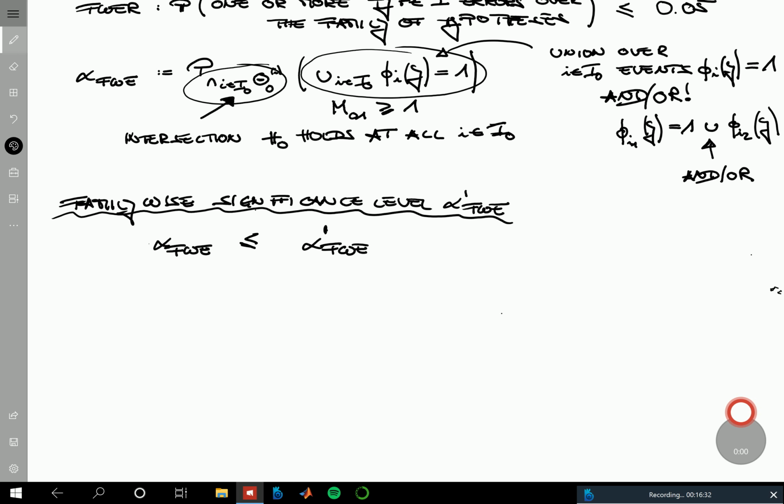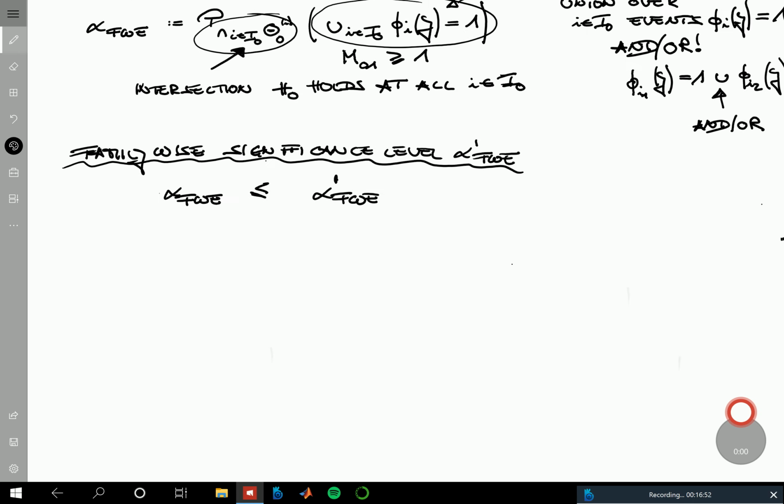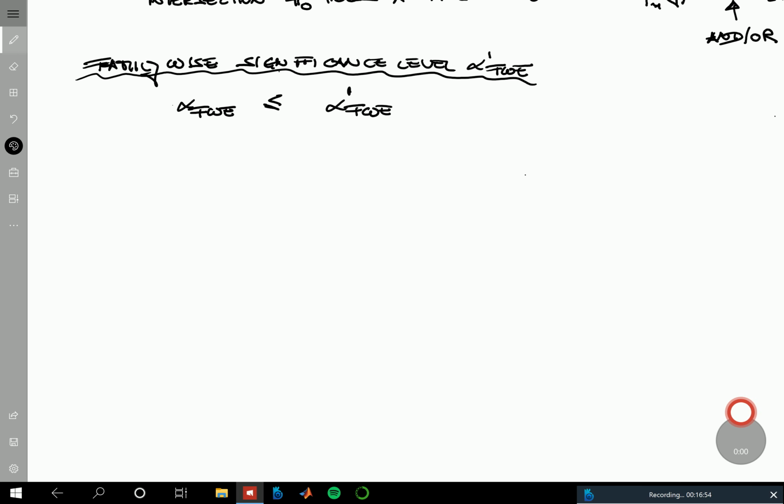So this would be a test. If the family-wise significance level alpha prime is, for example, 0.05, then this test is said to control the family-wise error rate at the level alpha prime.